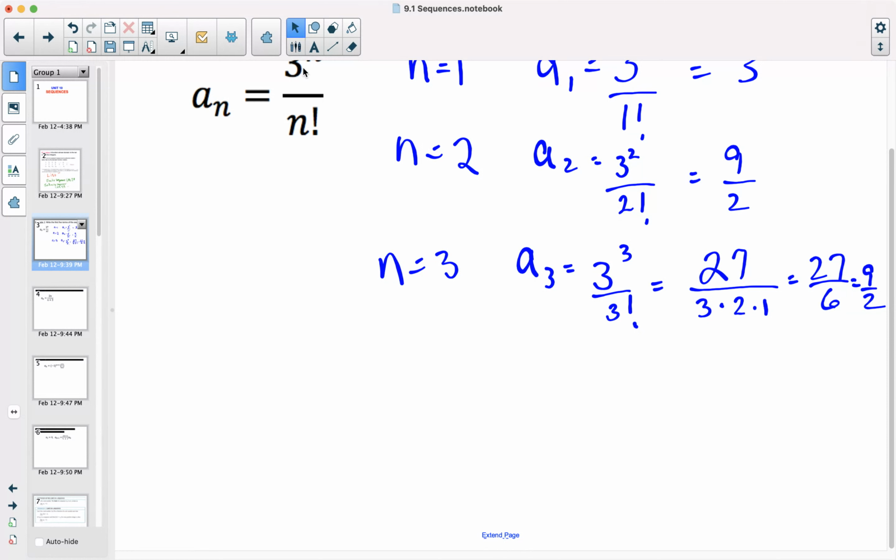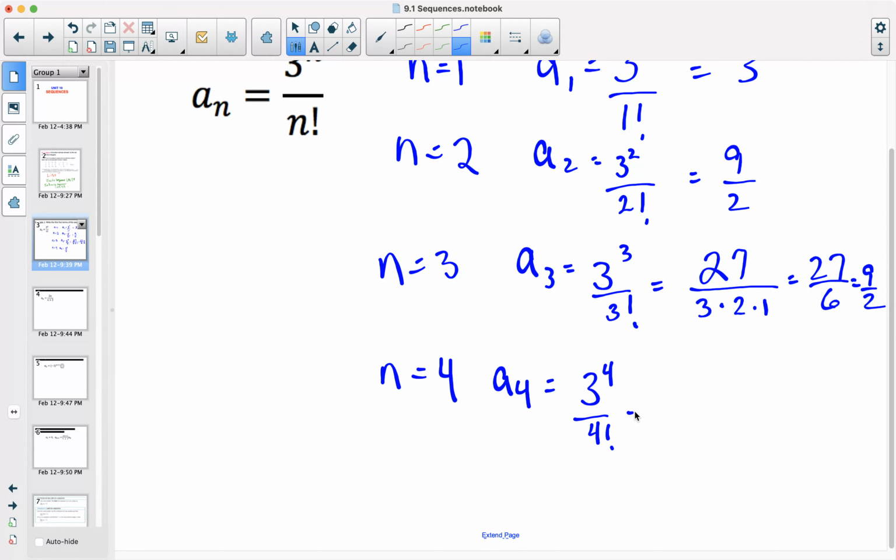And the fourth, let's get my pen back. The fourth term is going to be 3 to the fourth over 4 factorial. Well, 3 to the fourth is 81. 4 factorial is 4 times 3 times 2 times 1. So that's 81 over 24, which reduces to 27 over 8.